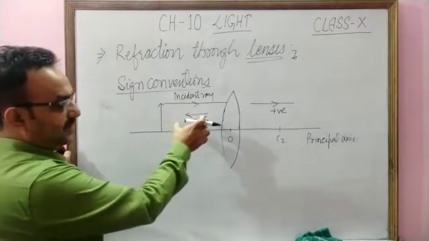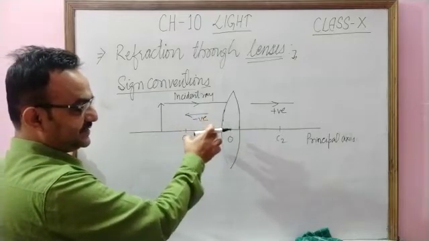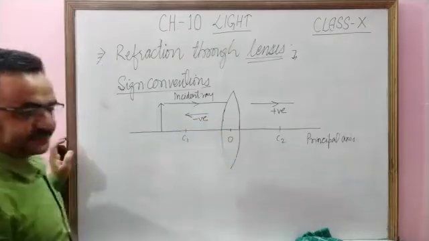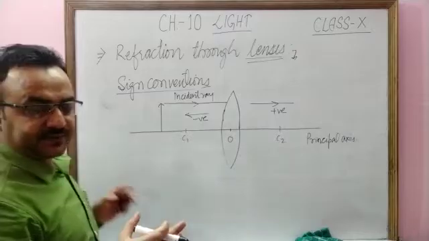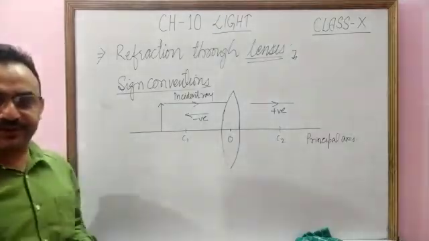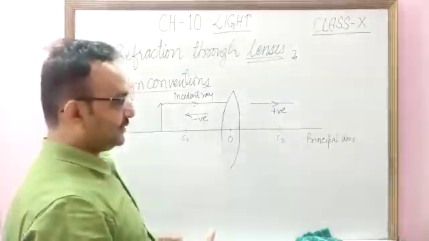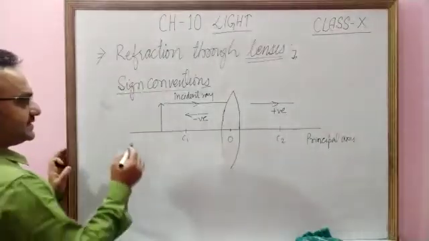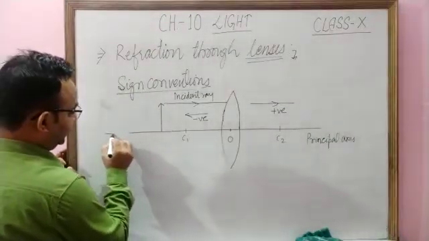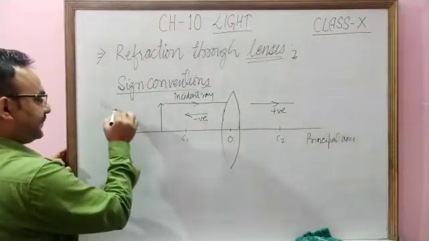This is the measurement of distances along principal axis, and measurement perpendicular to the principal axis.